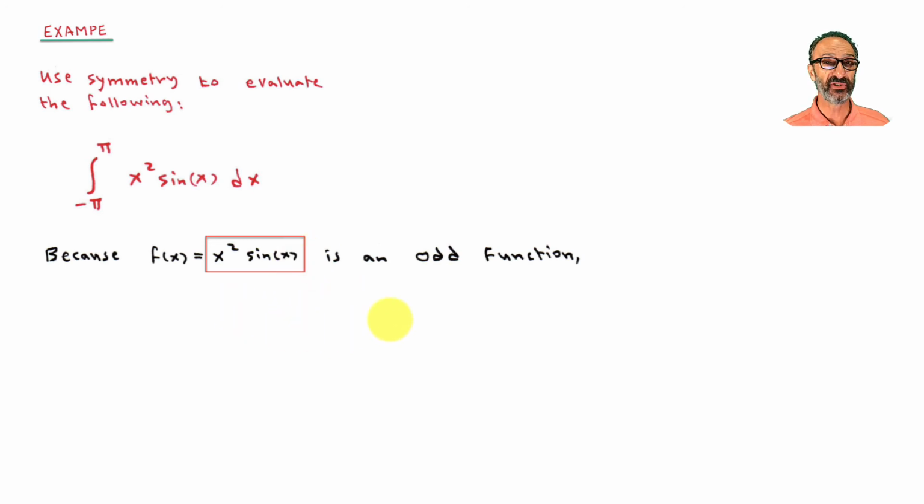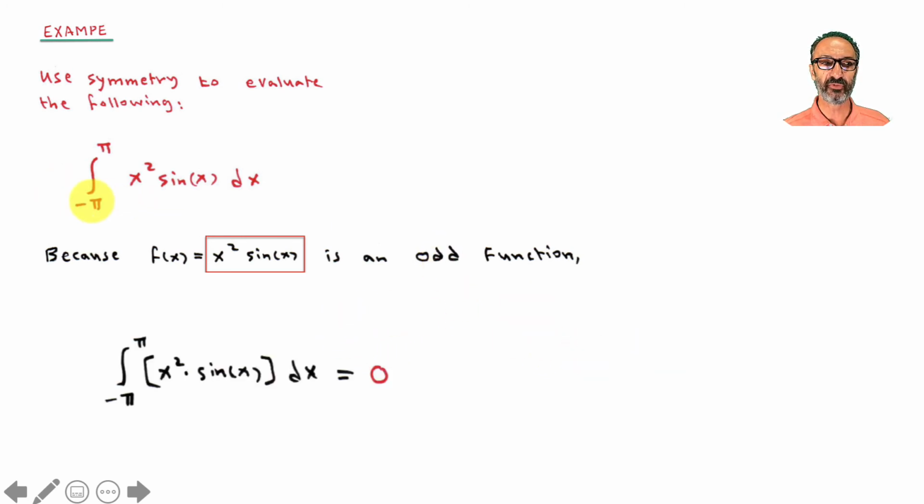You could test it algebraically, plug in negative x, simplify, and end up with opposite or the same. But trust me and pay attention to things like that. It's a little bit tricky, but it's odd, which means we're going from the same amount, negative pi to pi, and the answer is 0.